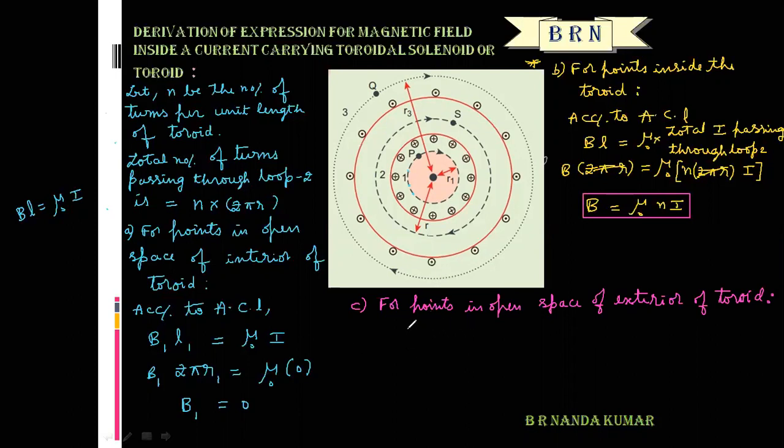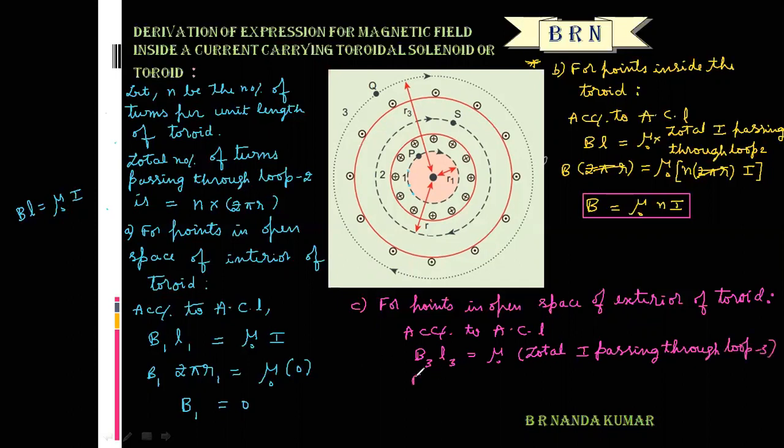Again, according to Ampere's circuital law, B3 L3 is equal to mu naught times the total current passing through loop 3.